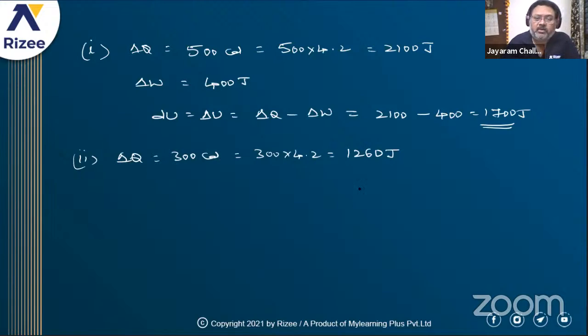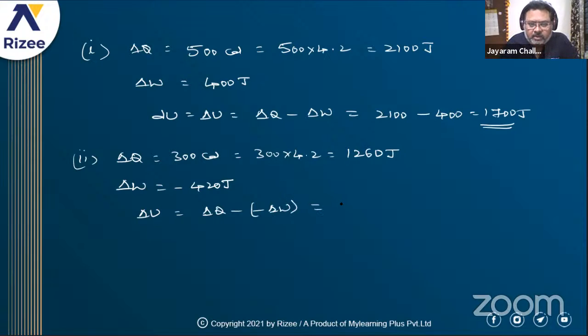So work done on the system is negative, which means delta W should be equal to minus 420 joules. So delta U is equal to delta Q minus of minus delta W, which will be written as 1260 plus 420, and that comes out to be 1680 joules.